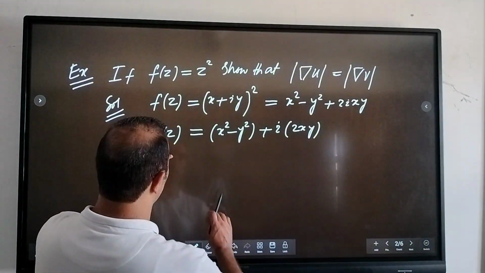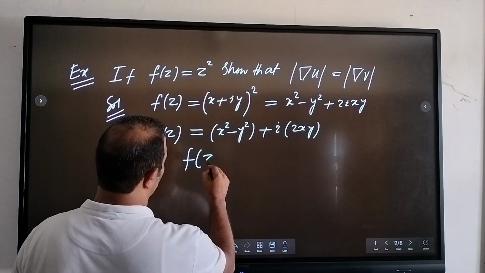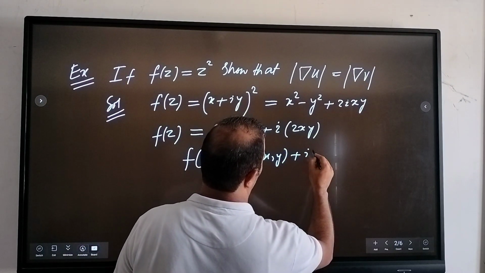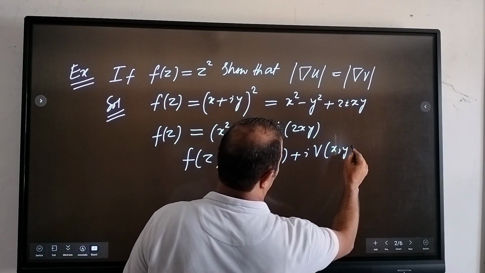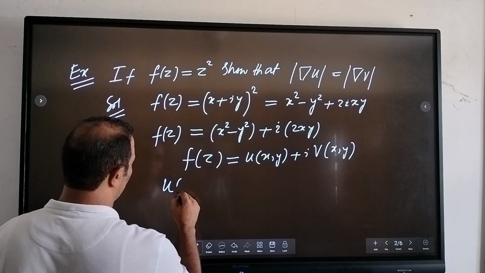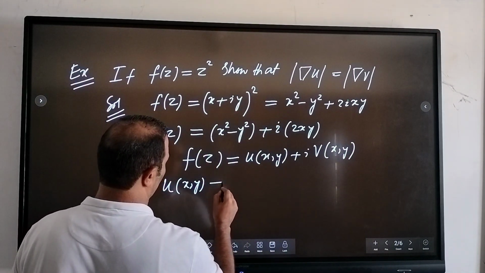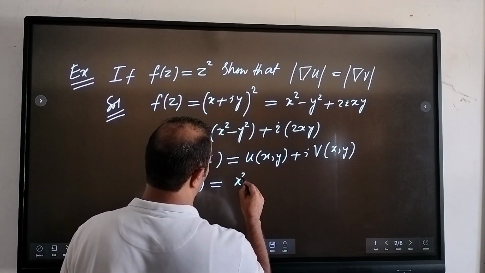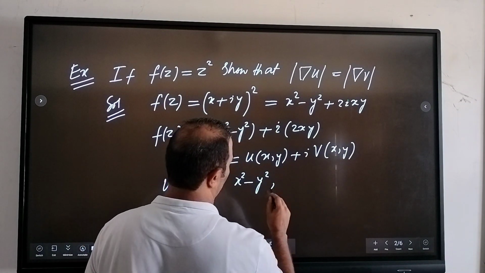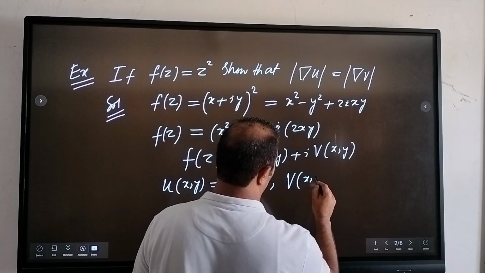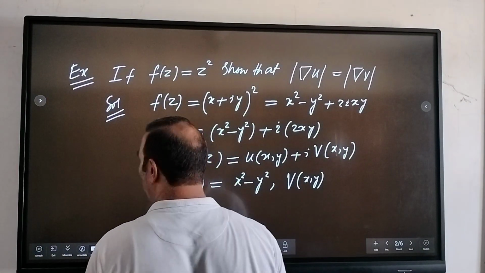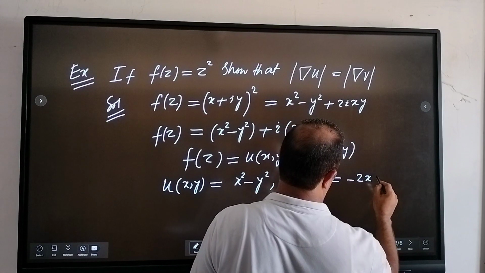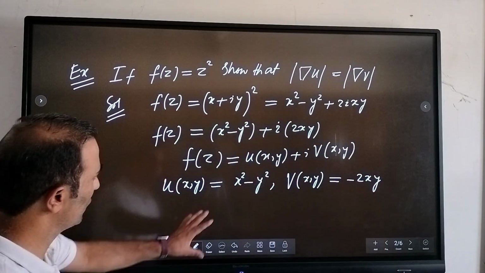So if you compare this with u plus iota v, that means u of x y will be equal to x square minus y square, and v of x y will be 2xy. Okay, so this is u and v.